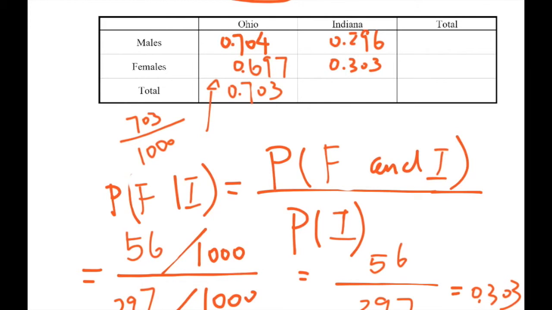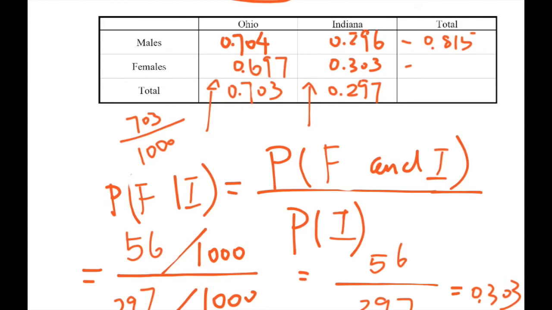And in a similar way, we can find the probability of a person from Indiana, that is 0.297. Okay, and this box here means the probability of a person being male, and it is 0.815.